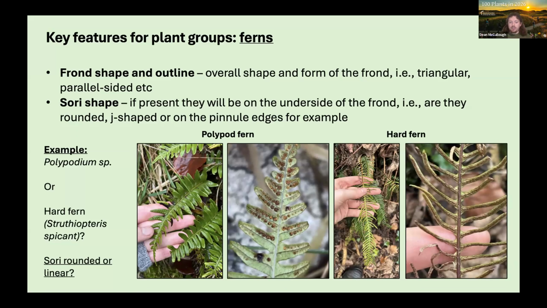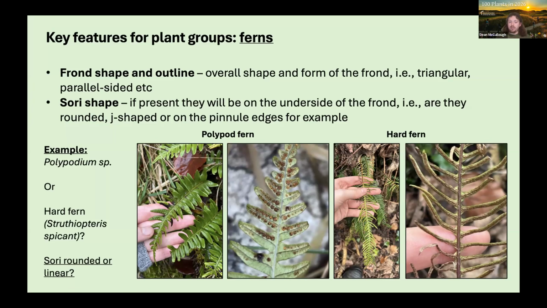So here are two ferns. The first two photos are a polypody fern, and the other two photos are of a hard fern. Two species you will definitely come across. A beginner might think that they're similar. But it's when you flip them over and you look at how the spores are arranged, the sori, should I say.